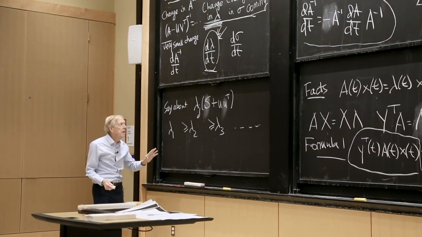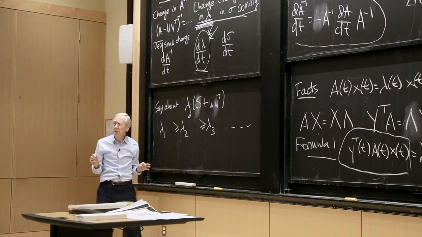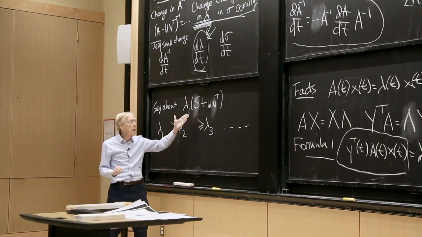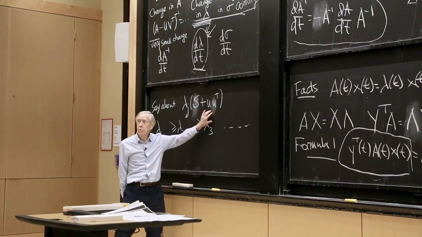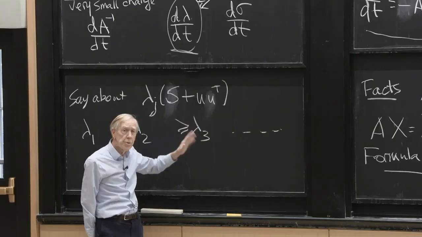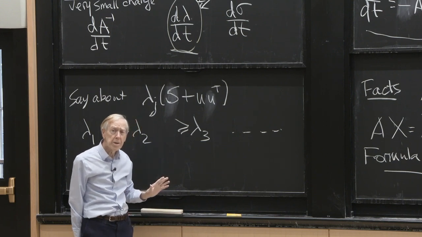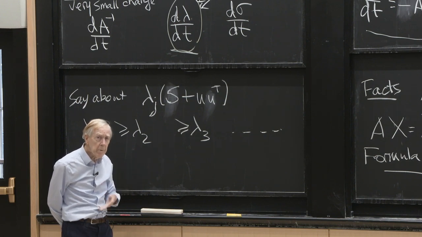Oh, give me an idea. What do you expect from that rank 1 change? So that change is rank 1. Can you tell me any more about that change, UU transpose? What kind of a matrix is UU transpose? It's rank 1, but we can say more.